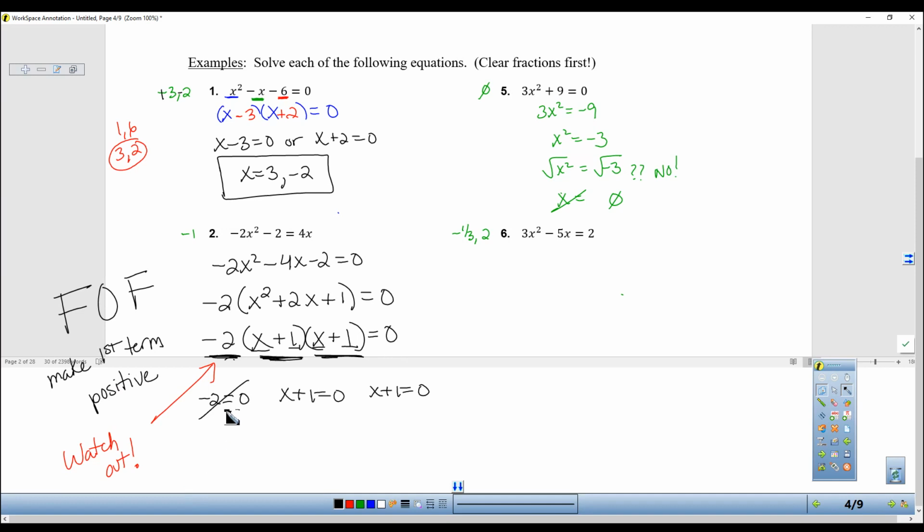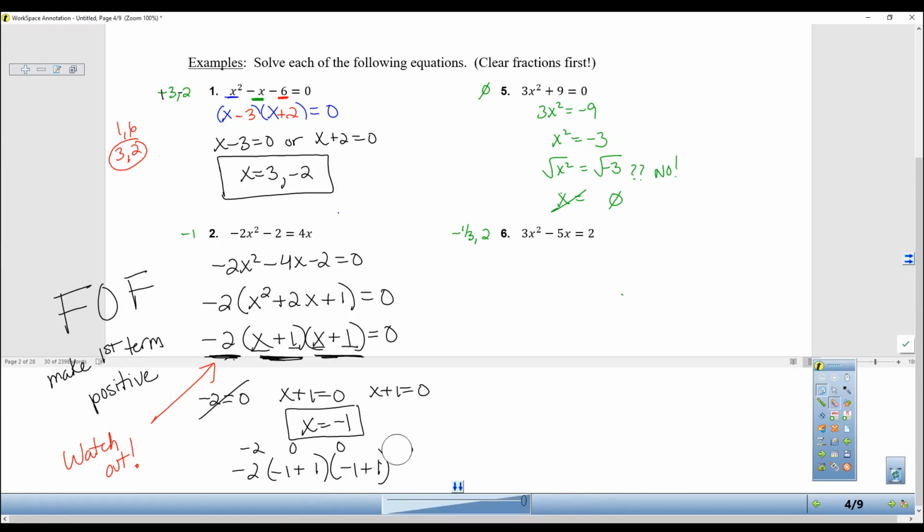Okay? So don't change it to x is equal to 0. If x is 0, you'll just get negative 2 times 1 times 1, which is not 0. But if x is negative 1, can you guys see how that would make a 0? You'd have -2 times 0 times 0. That would make 0. So that's one of the answers.